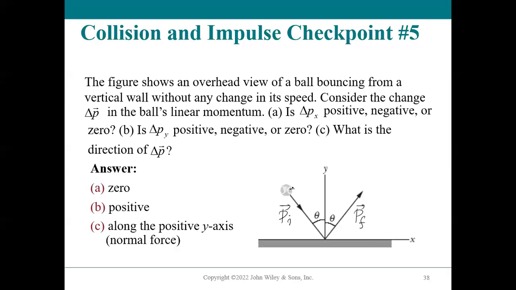The initial momentum along the x-axis is Px, and along the y-axis is Py initial. And then for the final, we have P final x and P final y.